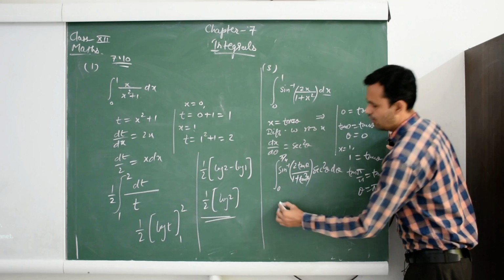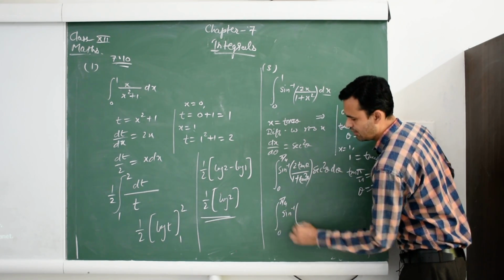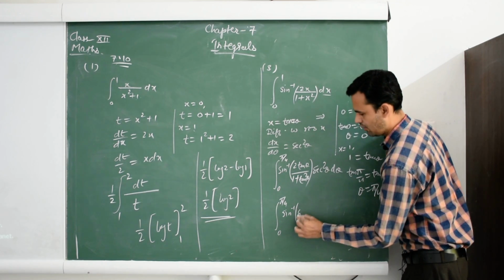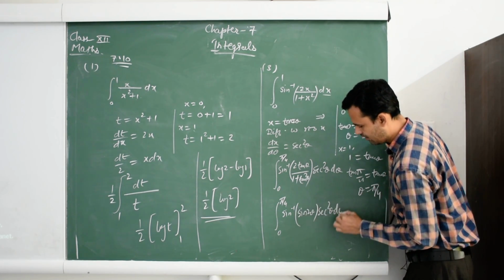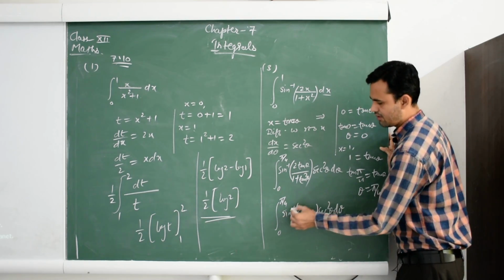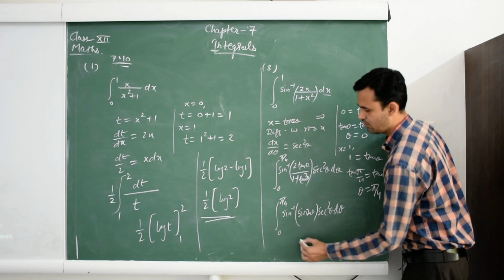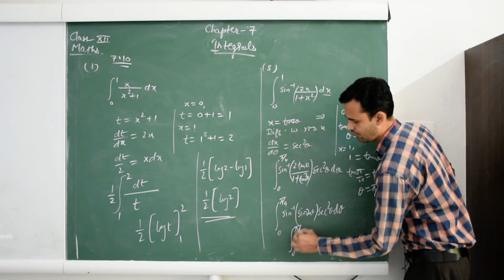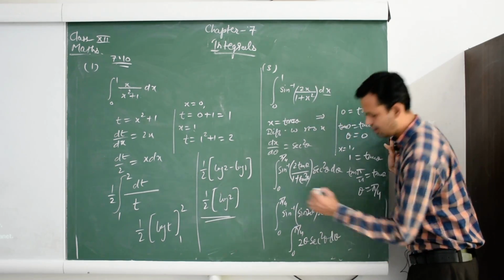So now, from 0 to pi by 4, sine inverse of sine 2 theta, and sec square theta d theta. We know that sine inverse sine theta equals theta, so sine inverse sine 2 theta is only 2 theta, times sec square theta d theta.